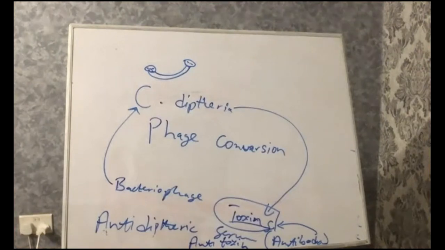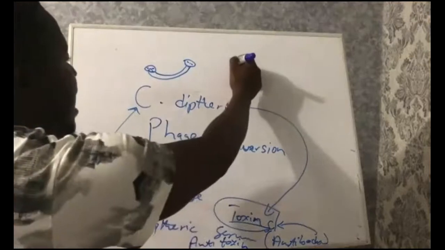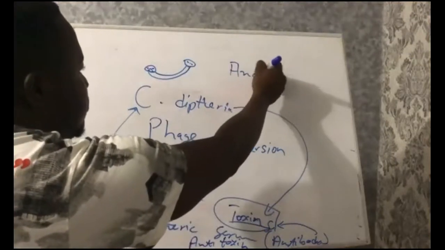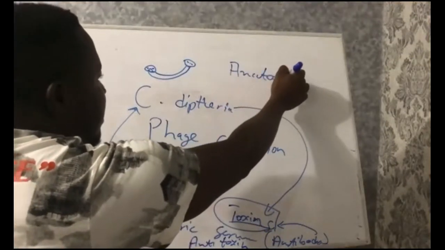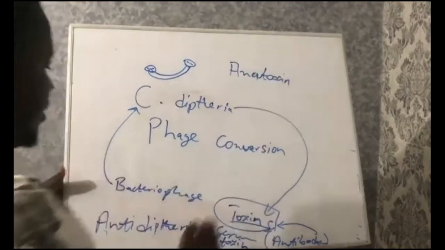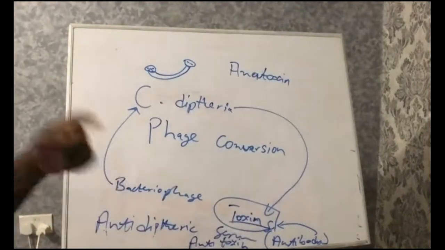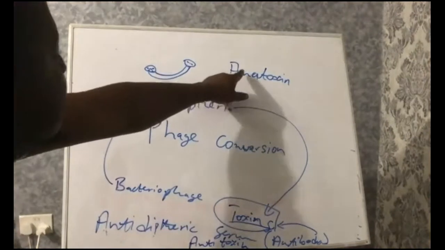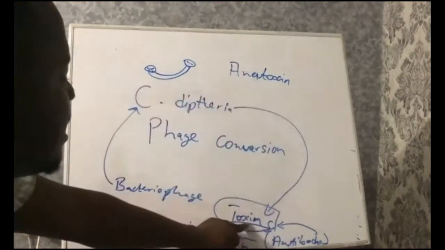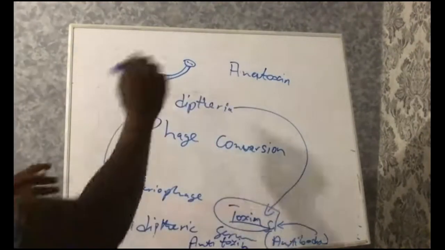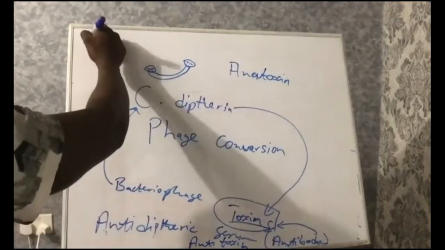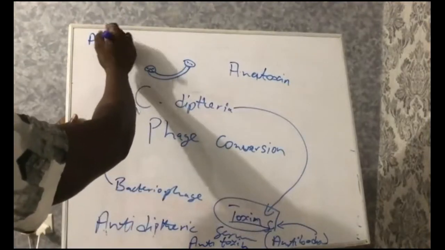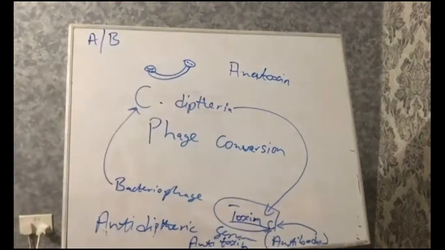Now, don't get confused with the diphtheria and a toxin. Okay? There is a difference between the antitoxin and the anatoxin. See, basically the anatoxin is this toxin that they've taken. Normally the toxins do have the active part and the binding side. Okay, the A part and the B part.